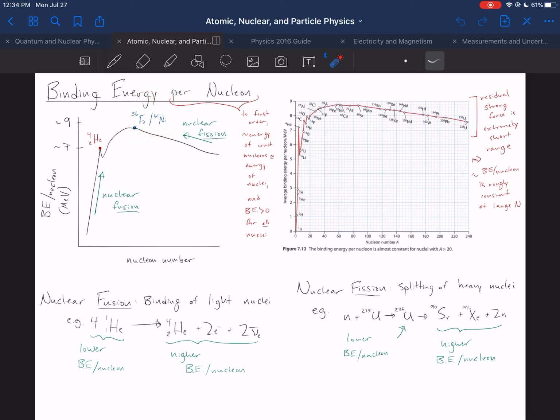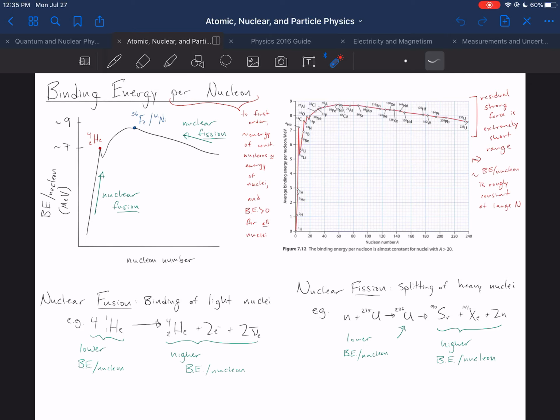They're very close together right at the top here, and then it trails off in this direction. What this means is that iron 56 or nickel 61 has the most binding energy per nucleon that you can have. This is the most efficient arrangement of those nucleons, and we'll talk about why moving forward.